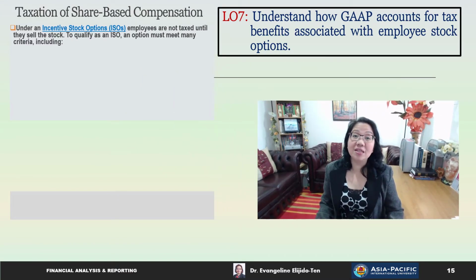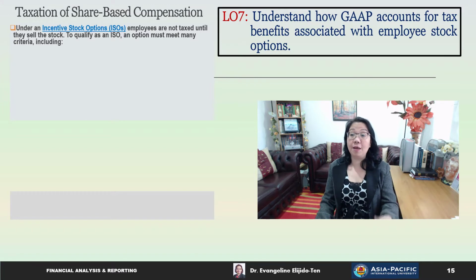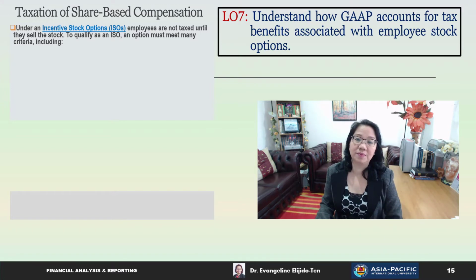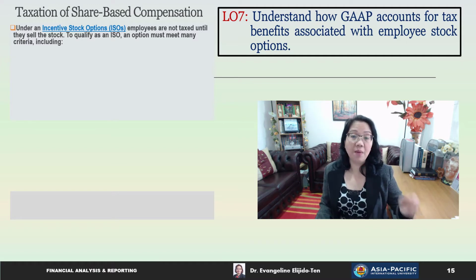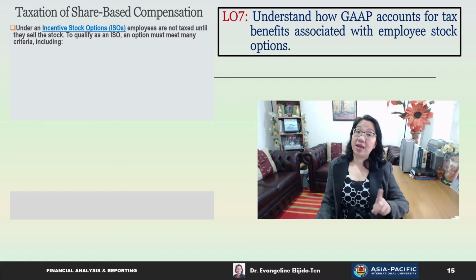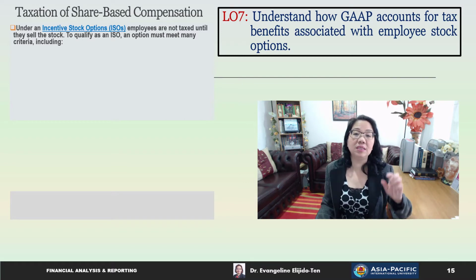Here we'll understand how GAAP accounts for tax benefits that are associated with employee stock options. From the point of view of the employees, they are not taxed until they sell their stocks. But that's only if they qualify for these incentive stock options.